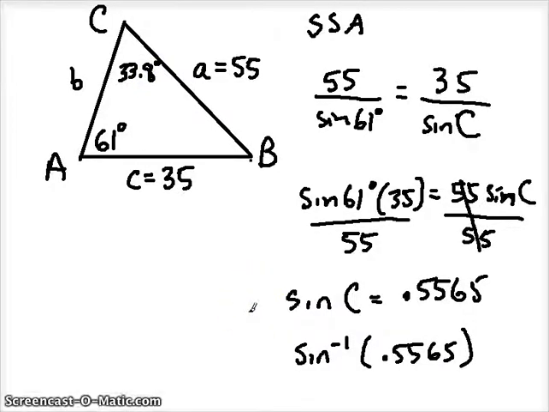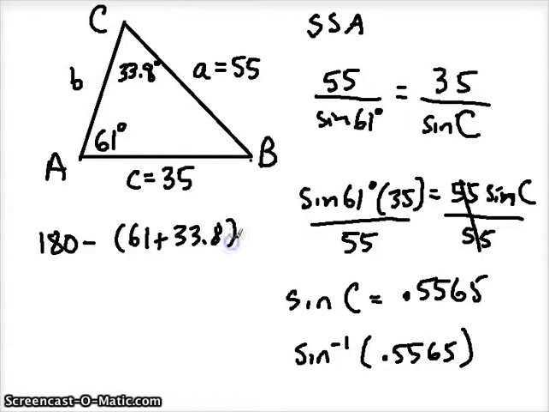Now that I know two angles in a triangle, I can solve for that third angle by taking what I know and subtracting it from 180. So if I add up 61 and 33.8 and subtract that from 180, I should get about 85.2 degrees. So we're almost done solving this triangle.